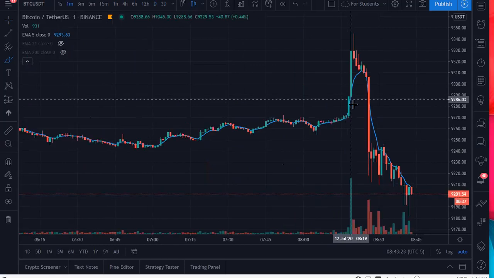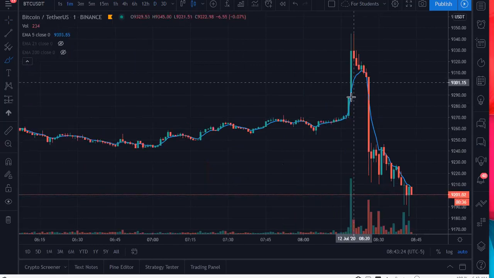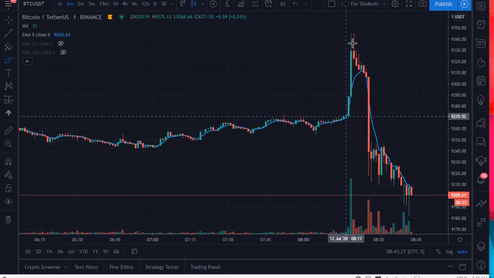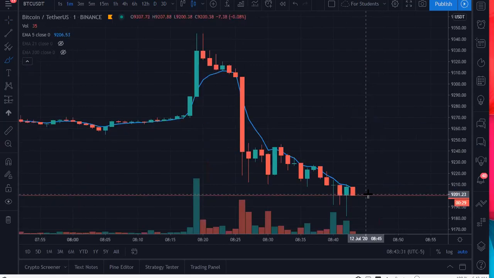I like to call it weekend fuckery. It went up here. It was a 2 candle, 3 candle pop, and then it dumped against it. These are called air pumps. That's what I like to call it. It's an air pump. It's nothing really behind it. It's here to just mess with people and mess them up. That's pretty much what it's for.